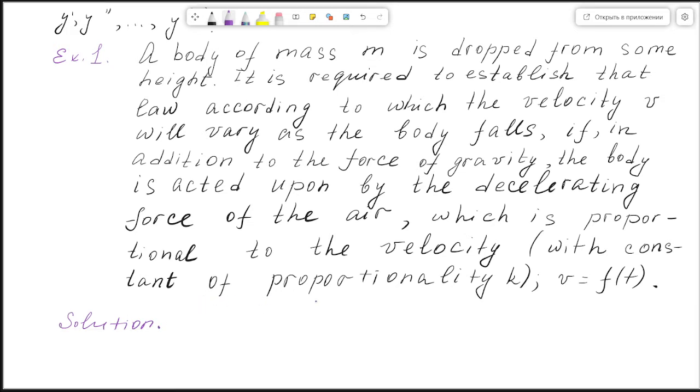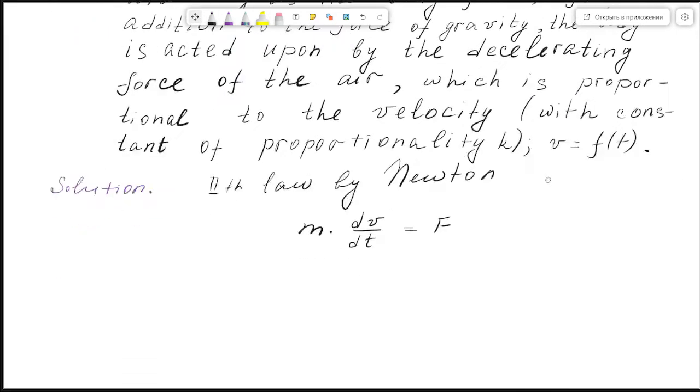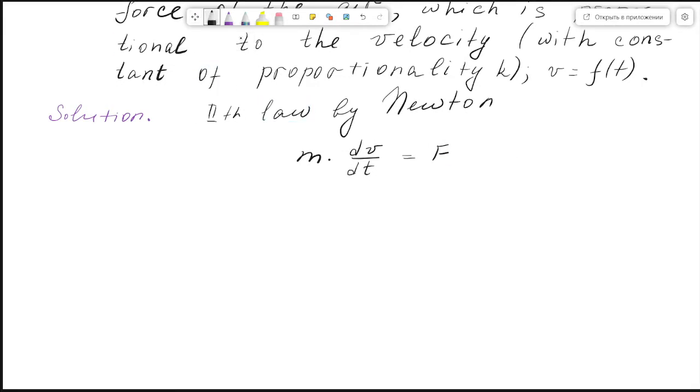By Newton's second law, m times dv over dt equals the force F, where dv over dt, the derivative of v with respect to t, is the acceleration of a moving body, the derivative of the velocity with respect to time.